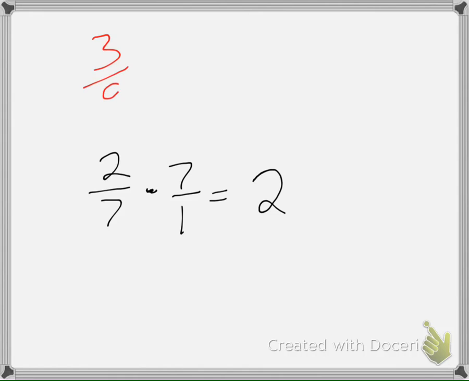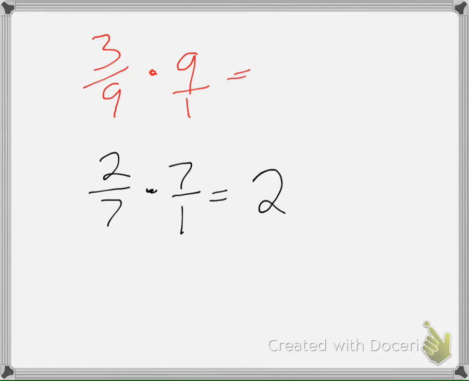Because let's look at some examples. Let's say I have 2/7. What happens if I multiply that by 7? No, think about it. 14 over 7, which is 2, right? Let's look at another example. Let's say I have 3/9 times 9.